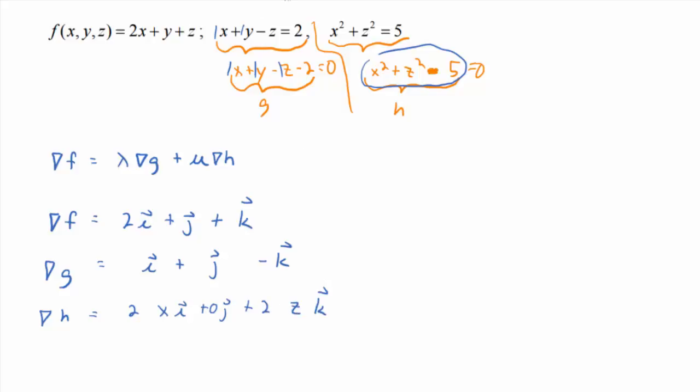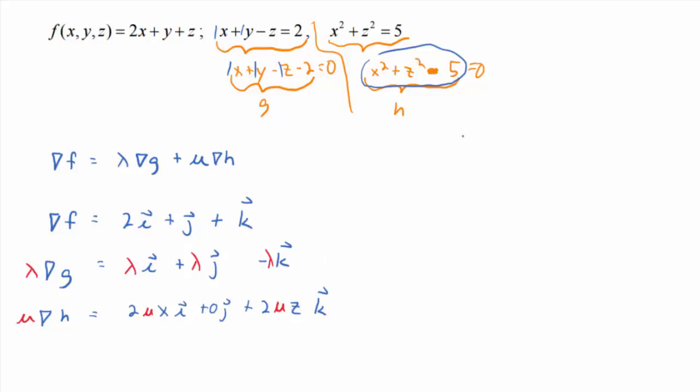And then we've got to multiply del g by lambda. So we just need a lambda in front of each of these. And then del h by mu. So I'm going to put my mu there. I don't really care about that one because it's 0 times mu. Okay, does all that make sense to you? Del h, remember what del h is.